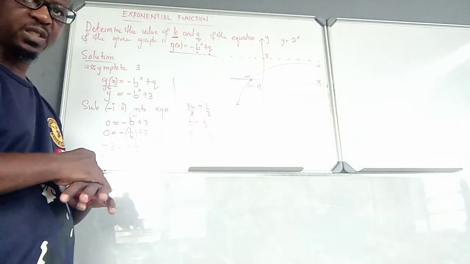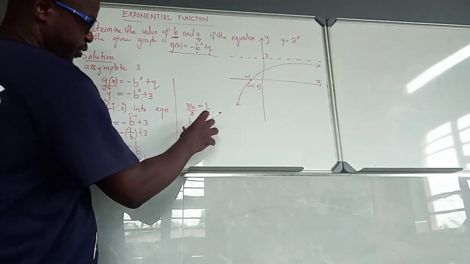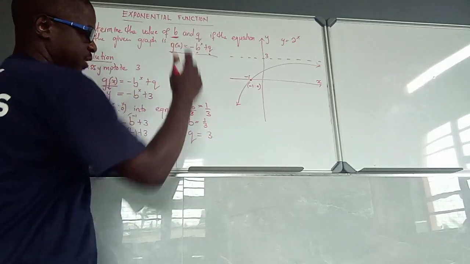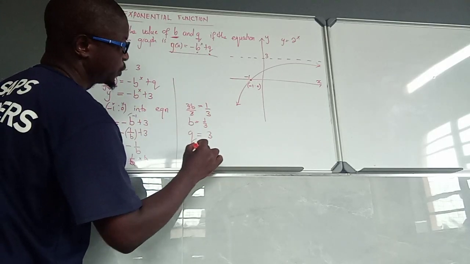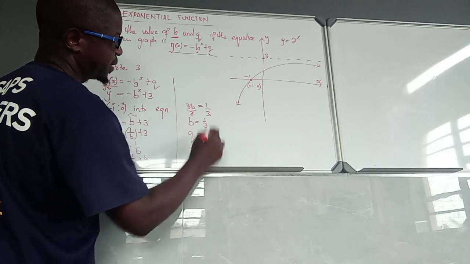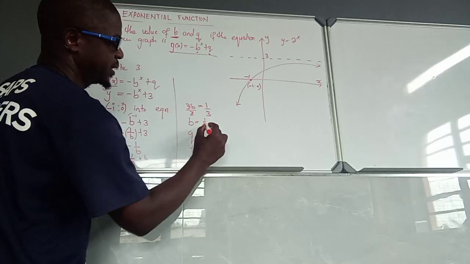But we wouldn't say it's completely finished. Let's resubstitute these values into our equation, where we say y is equal to minus b. What is b? We said that our b is a third.